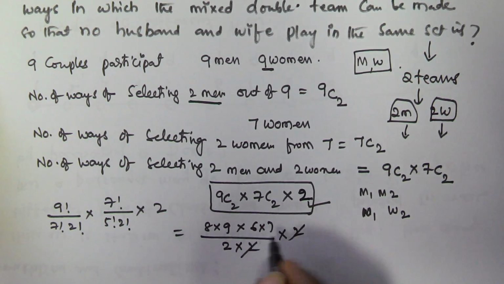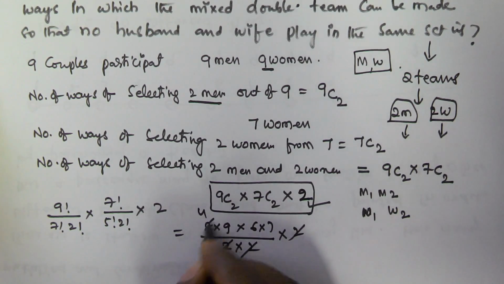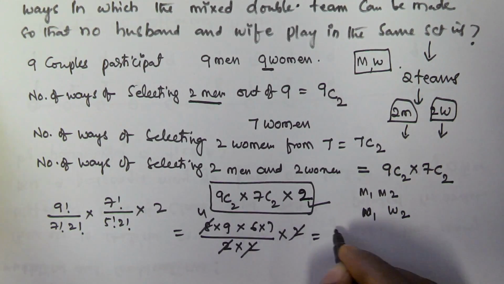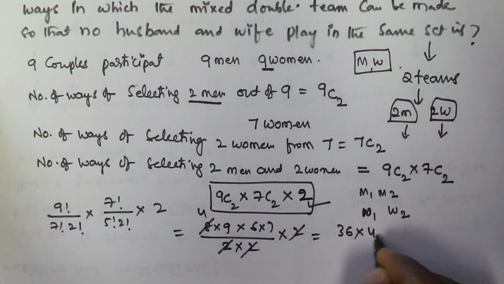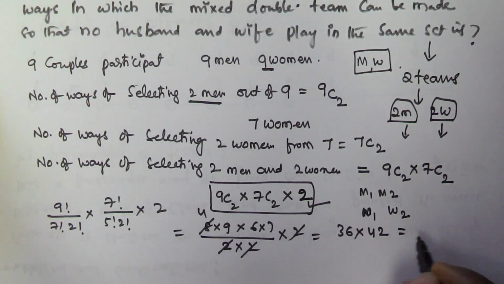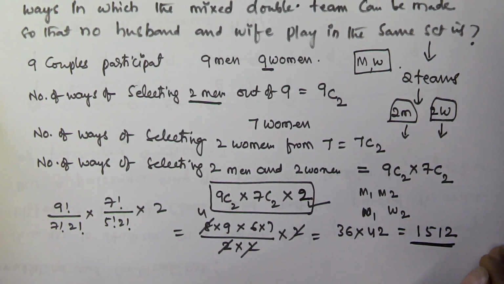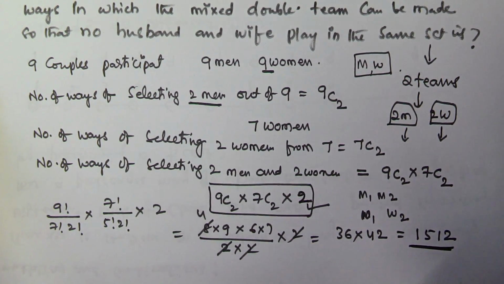Cancelling, 4 nines are 36, and 36 times 7 is 252 times 6... multiplying this, you will get 1512. So these are the number of ways in which a mixed double team can be made so that no husband and wife will play in the same set.